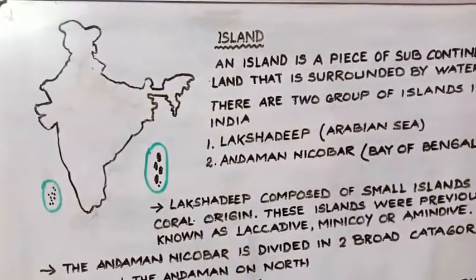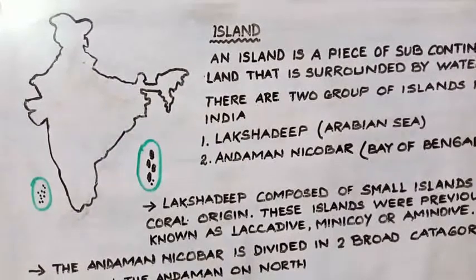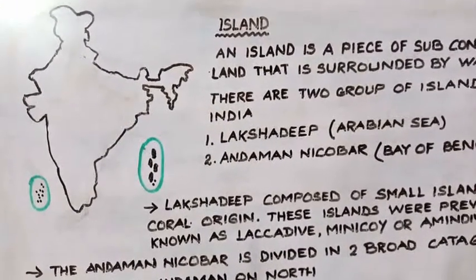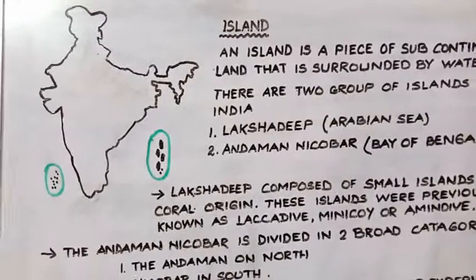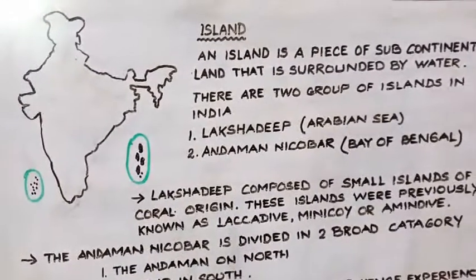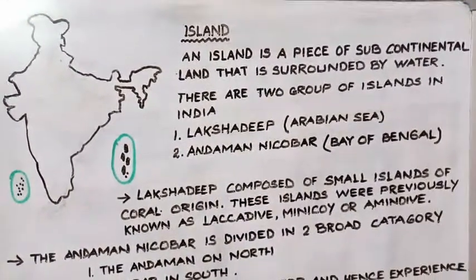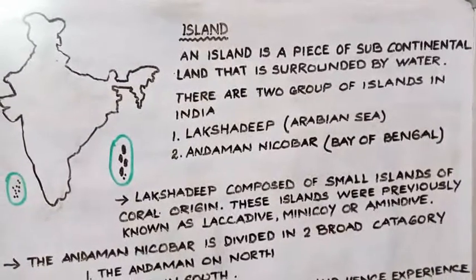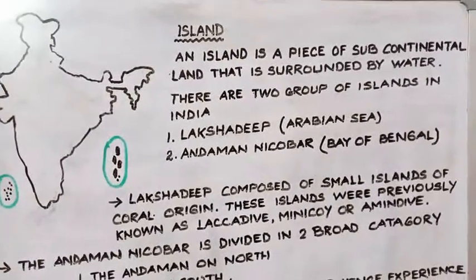The one to your right hand side is the Andaman Nicobar Islands, and the one on the left is your Lakshadweep Islands. Now let us understand these islands.